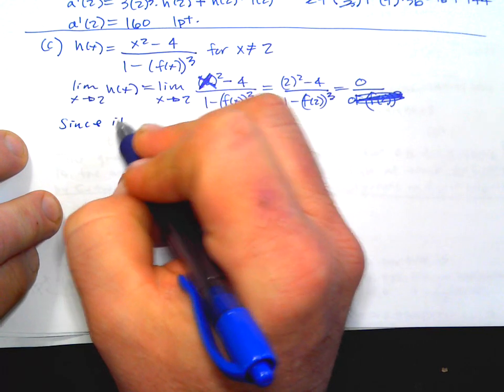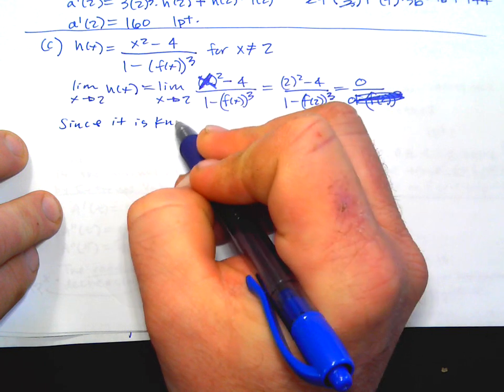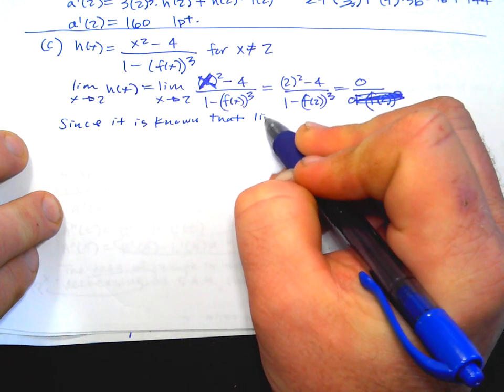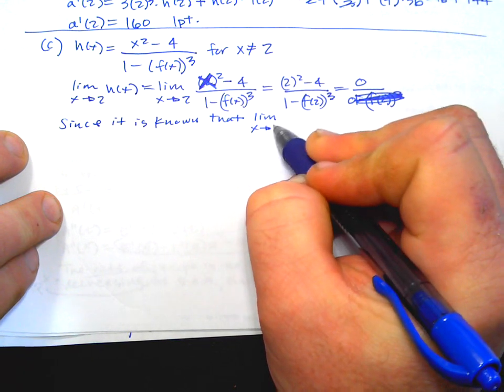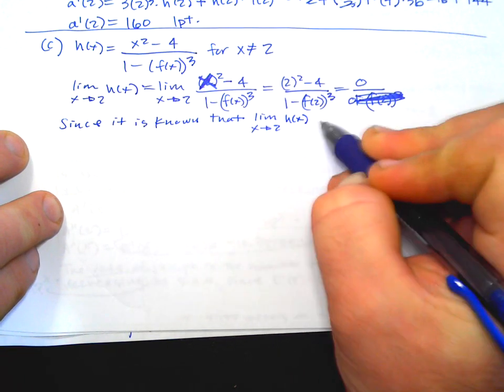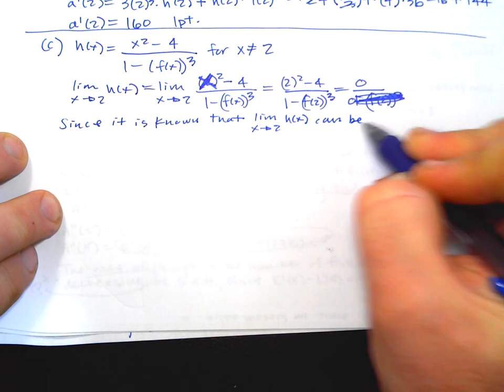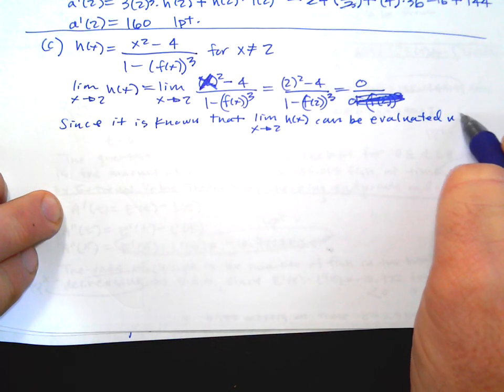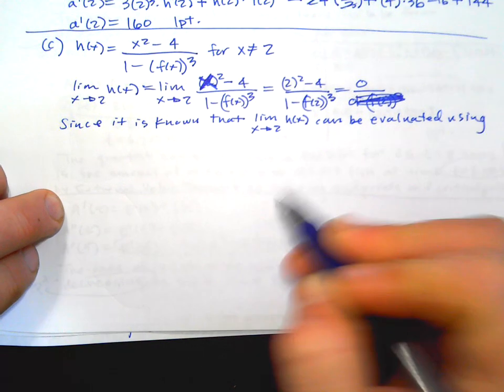Since it is known that the limit as x approaches 2 of h of x can be evaluated using, so we got to do L'Hopital's rule, but kind of go backwards.